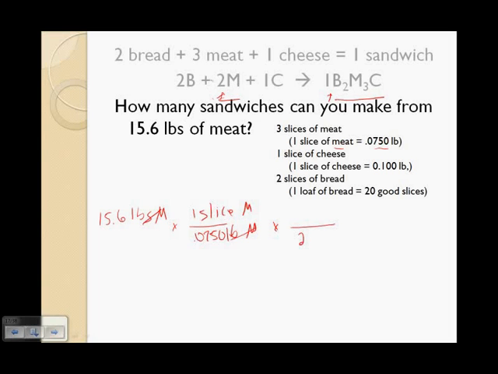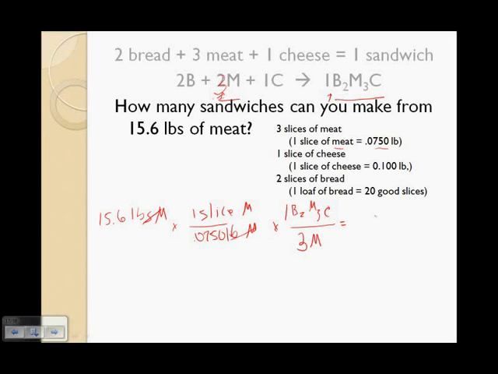And what I know is, this should be 3 meat. I think I wrote this wrong. 3 meat is going to give me 1 sandwich, 1B, 2M, 3C. And if I multiply this out, I'm going to get 15.6 divided by 0.0750, which will tell me how many slices I get, which is 208.